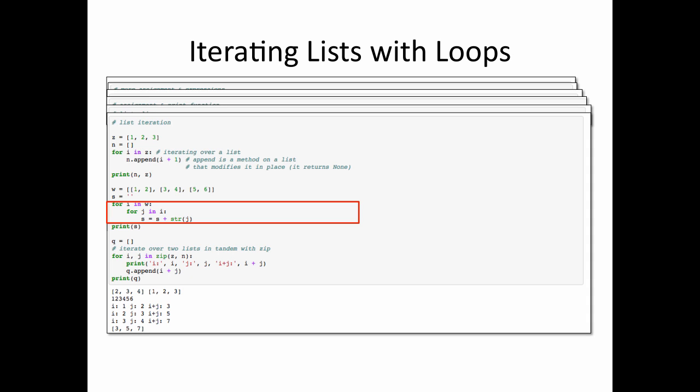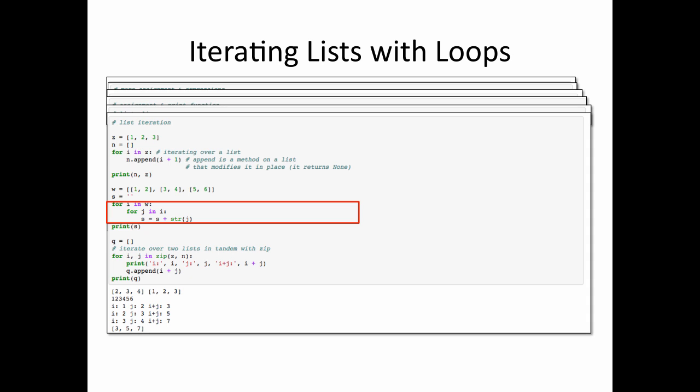Here I'm writing a double loop. I'm going to assign i to iterate through every element in W. Because W is a list of lists, every element here is going to be a list assigned to i. Because i is a list, I can create another variable j to iterate through the elements in the list i.